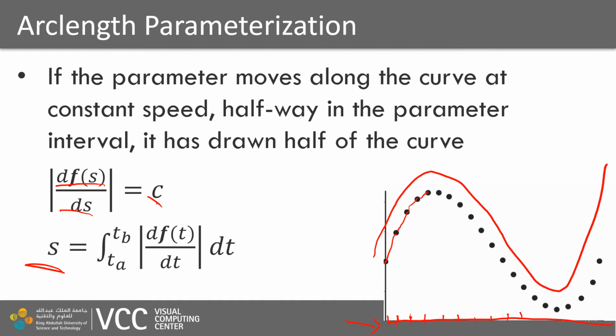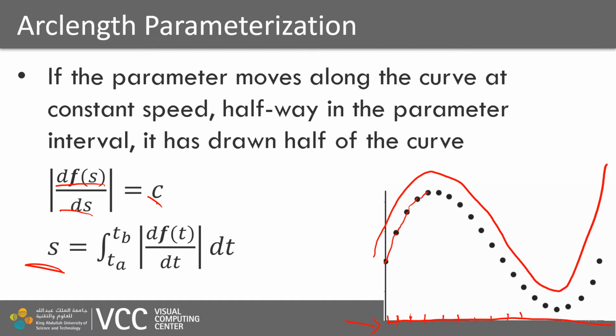We will have another parameter, no longer maybe the parameter t, which will change such that the arc length increments will be constant, and the new parameter will then be sampled uniformly.